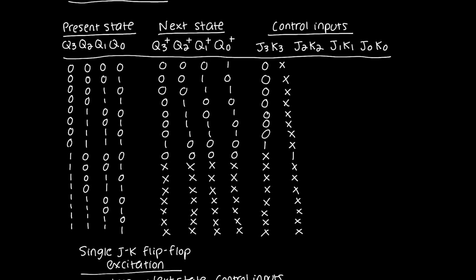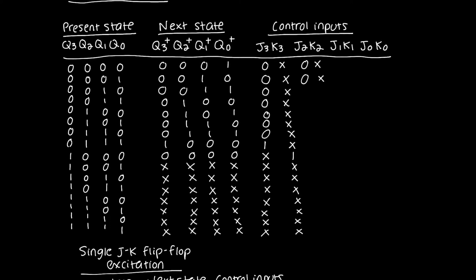Okay, how about J2 and K2? So in order to fill these out, I need to be looking at Q2 present state and Q2 next state. And over here again, I have 0, 0. So J2 and K2 have to be 0 and don't care. Then another 0, 0.